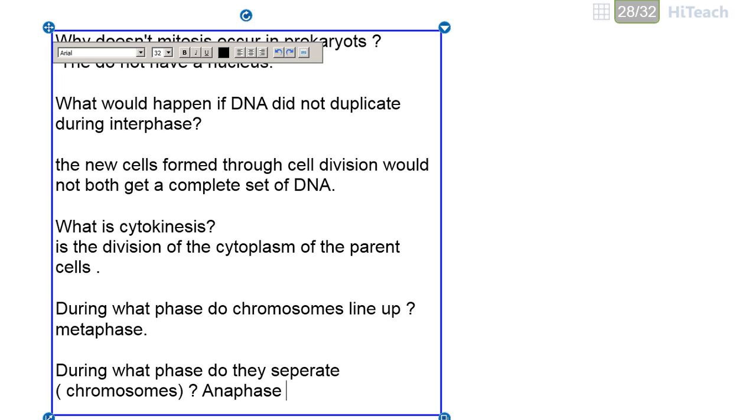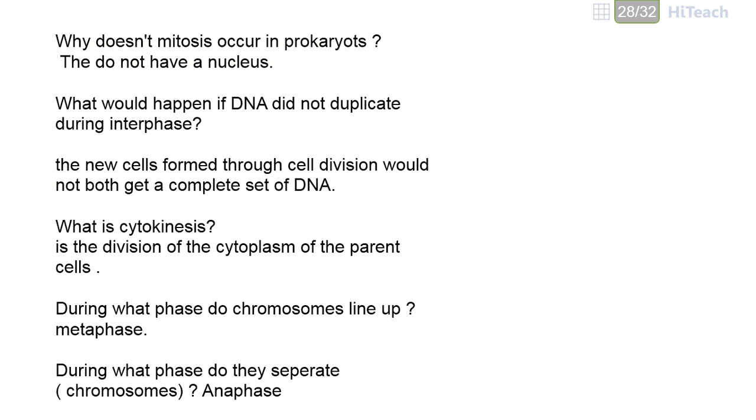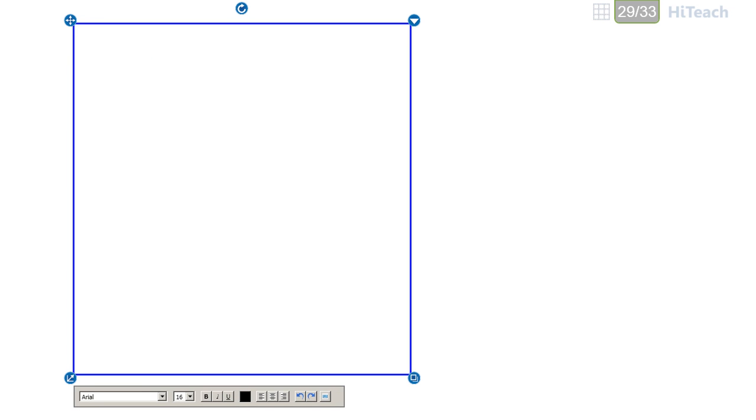When do chromosomes condense? These questions are very important, guys. The question now: when do the chromosomes condense and become visible under a microscope?